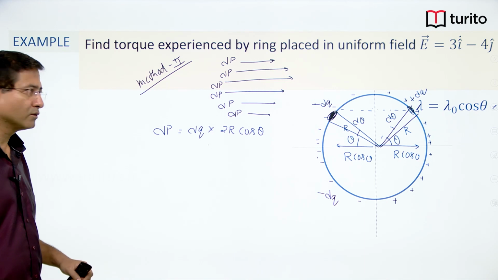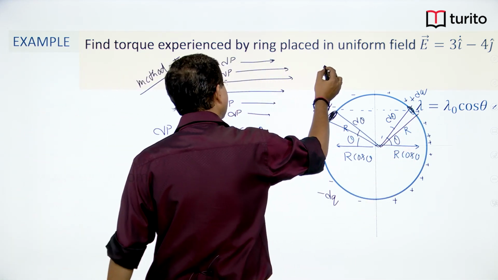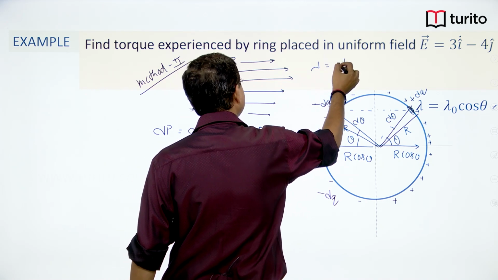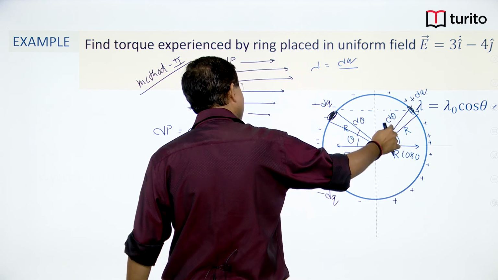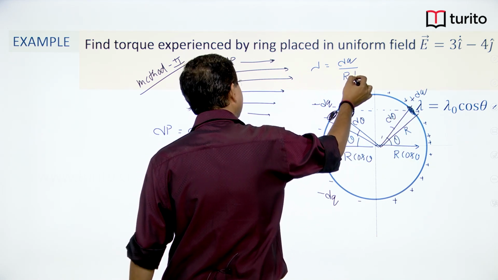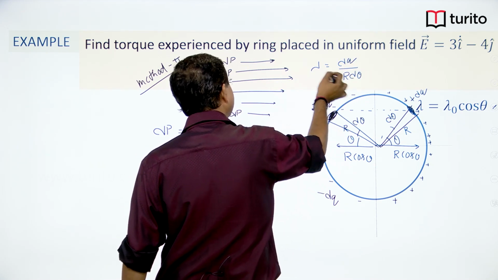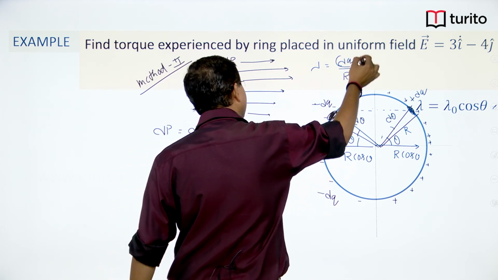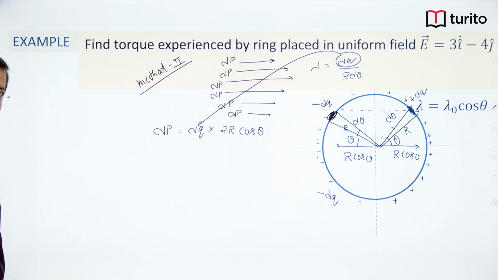Now dq, linear charge density is given, lambda is equal to lambda naught cos theta, and we know linear charge density is equal to dq divided by length. Length of the element is, if this is r, this is d theta, length of this element will be r d theta. So from here I can write dq is equal to lambda r d theta.